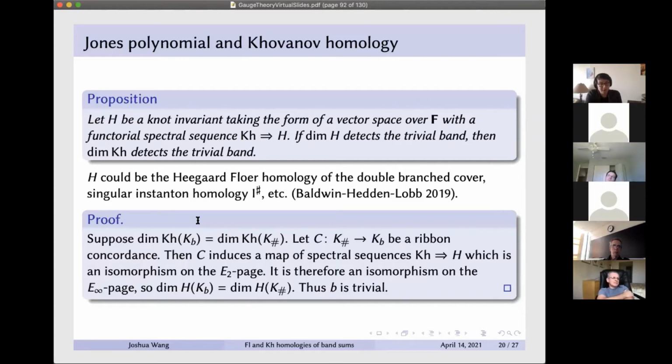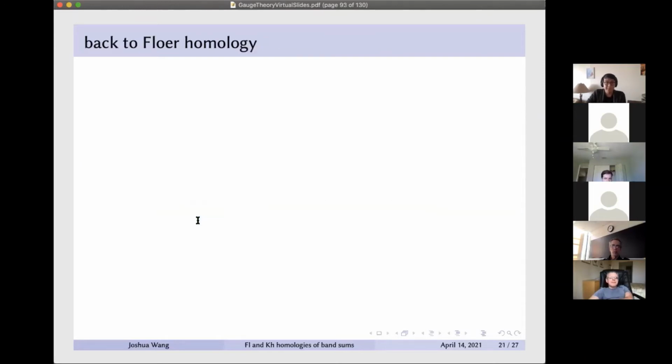Okay, so to prove that Khovanov homology detects the trivial band, you have a number of options. You can prove it for any Floer homology that has a functorial spectral sequence from Khovanov homology. And so we're back to Floer homology, and the route that I take is through singular instanton homology.